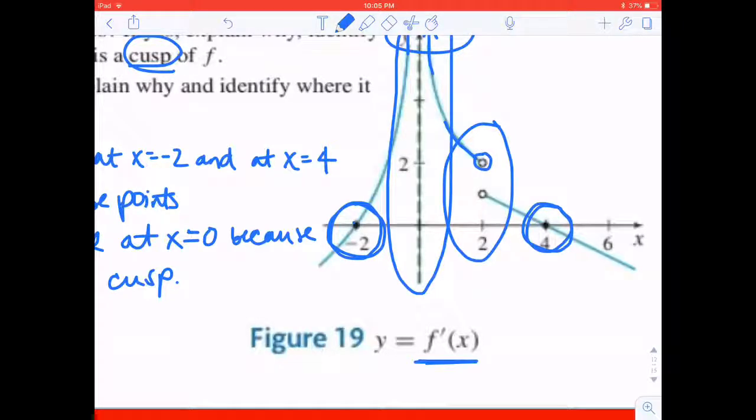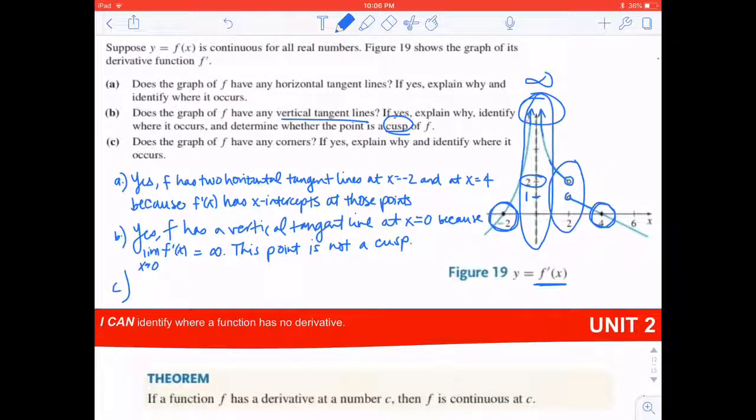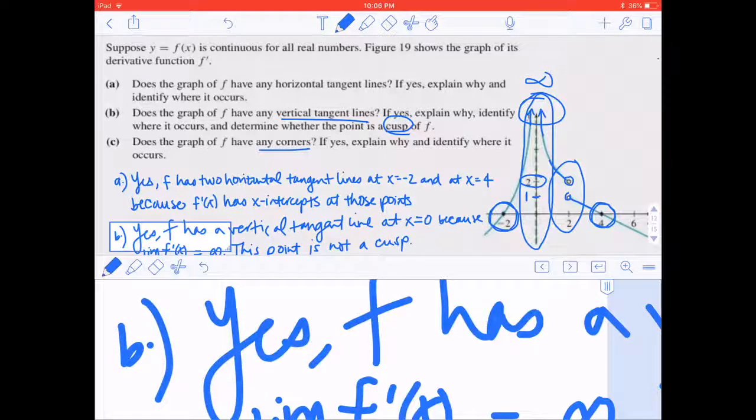It's that point right there. The limit from the right side also exists. It's that point right there, which it looks like the left is 2, the right is 1. However, they do not meet at the same point. Therefore, we know that this graph does have a corner because those two limits are not equal to each other.